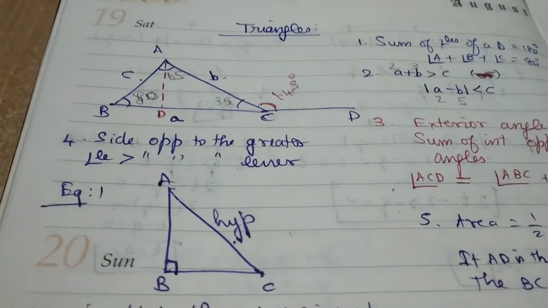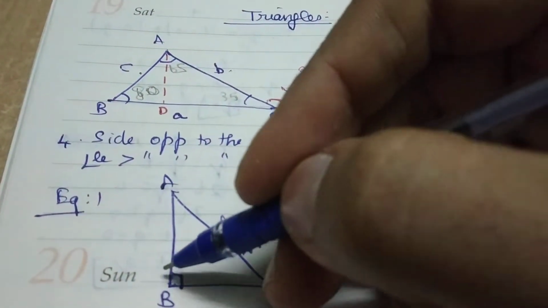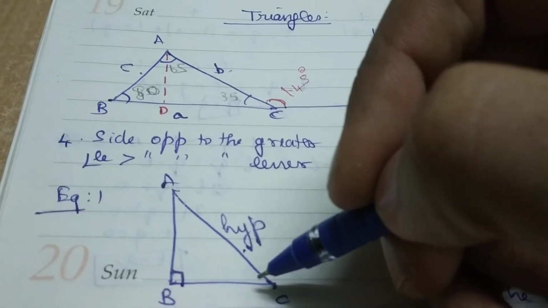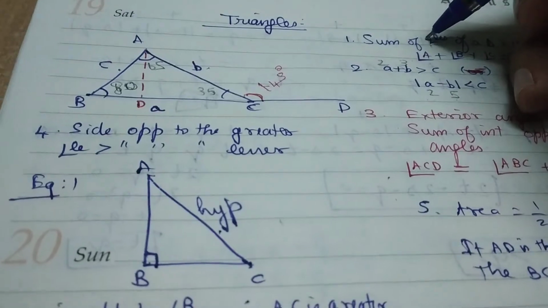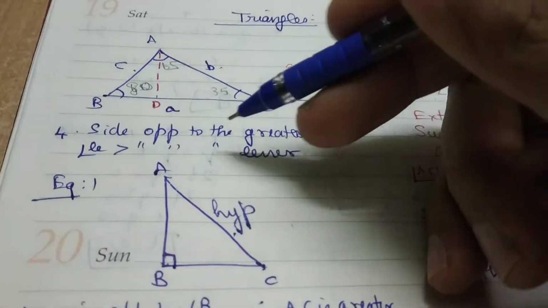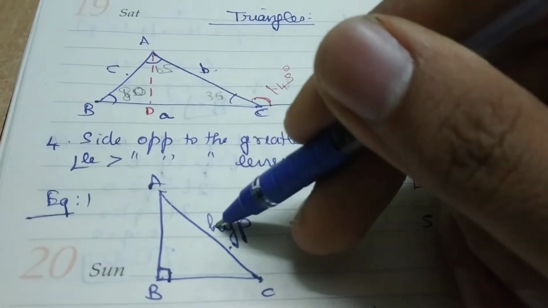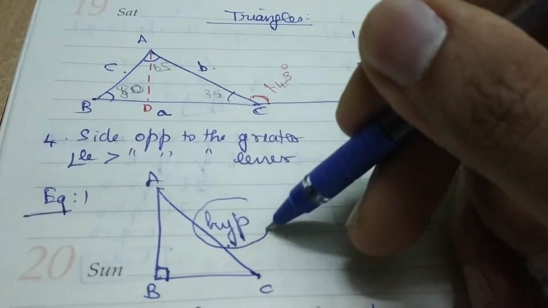Anyhow, if one angle is 90 degree, then the other two angles will not be greater than 90 degree as per the properties of triangles which we discussed here. So, this angle should be the greatest angle. So, the side opposite to the greatest angle will be the greatest side.